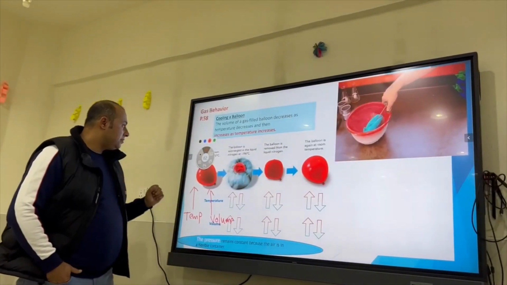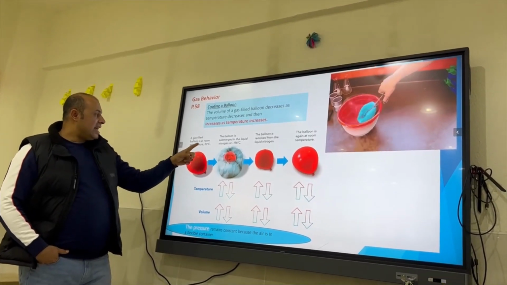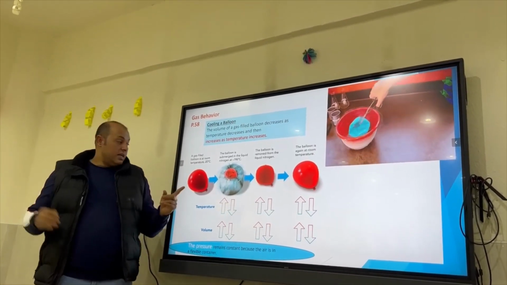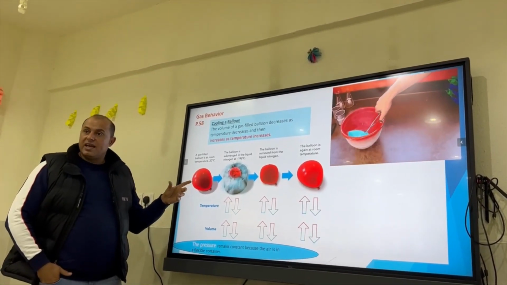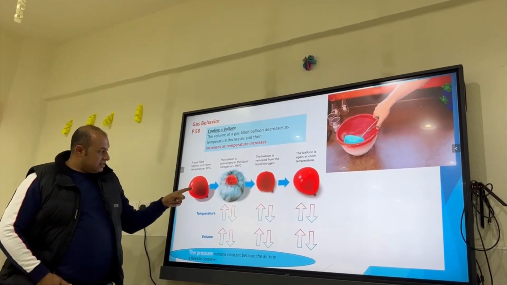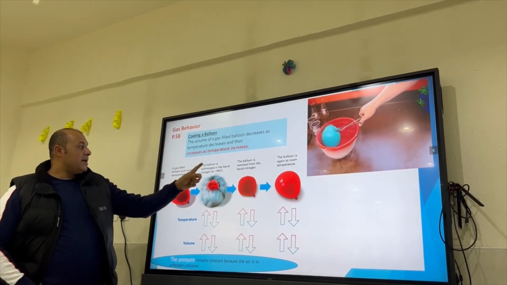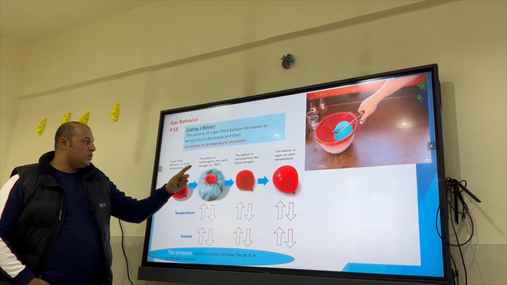Look, a gas-filled balloon is at room temperature, meaning this balloon is filled with gas at room temperature. So the temperature of the gas inside this balloon is 20 Celsius. The balloon is submerged into the liquid nitrogen.